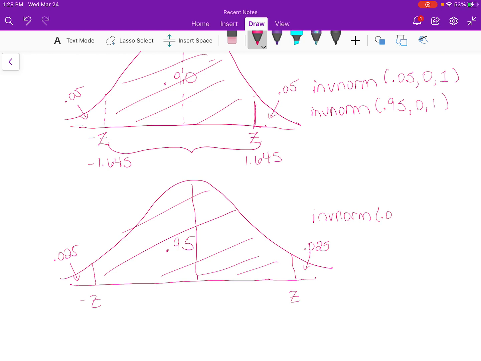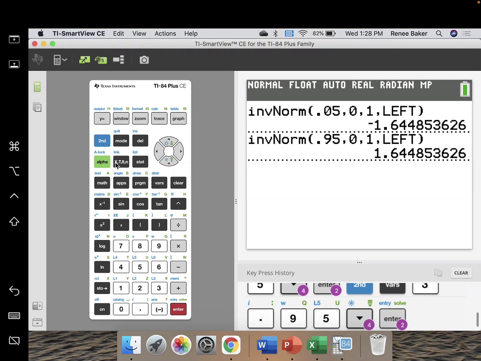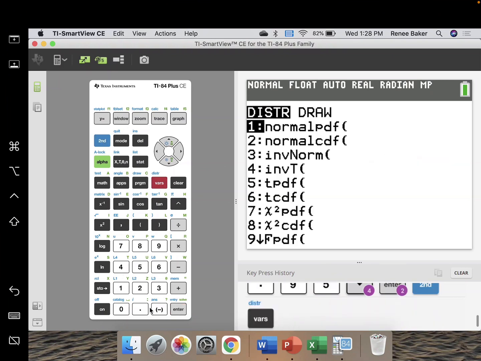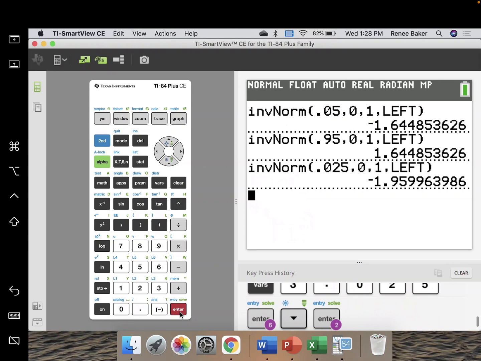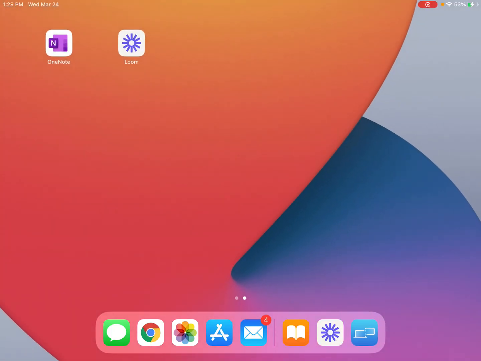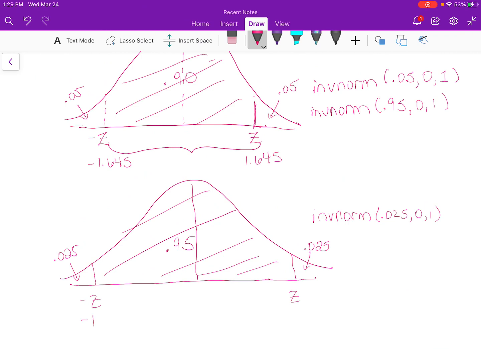So I'm going to inverse norm 0.025, 0, 1. And I get negative 1.96. So again, with the concept of this being both the positive and the negative, on the right-hand side would be positive 1.96.